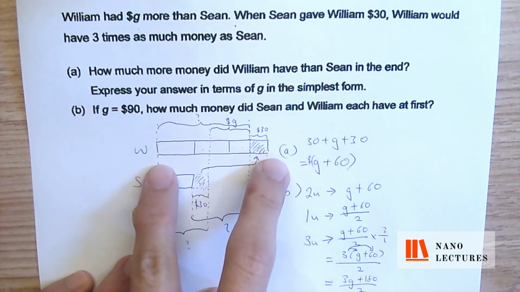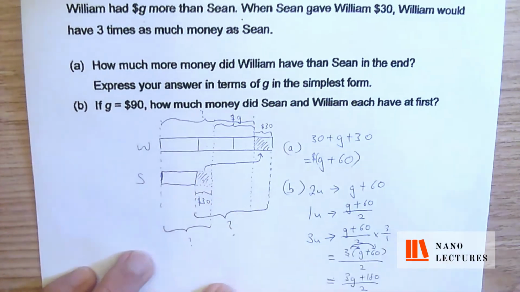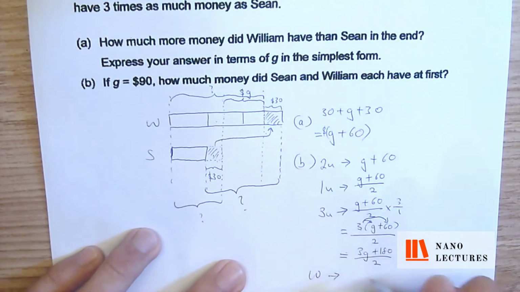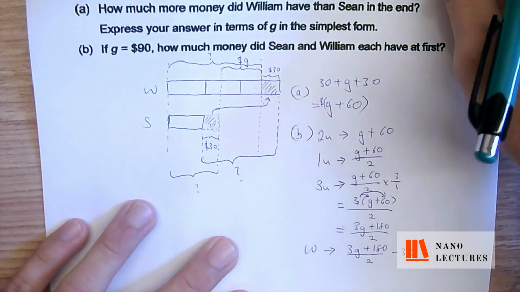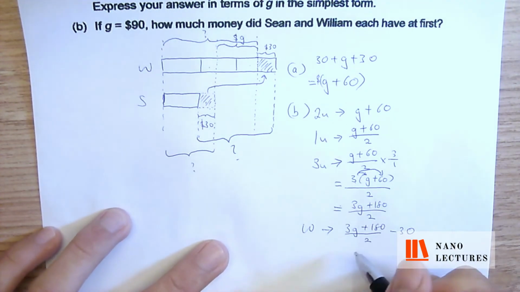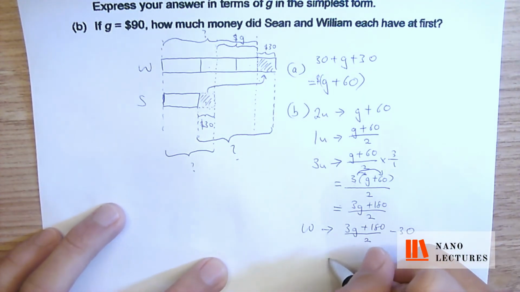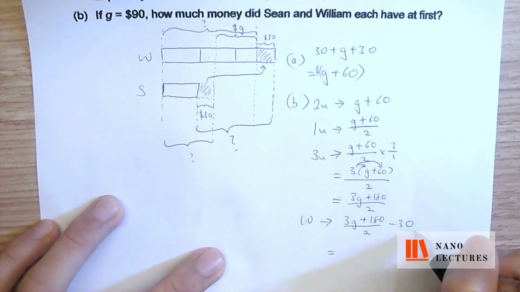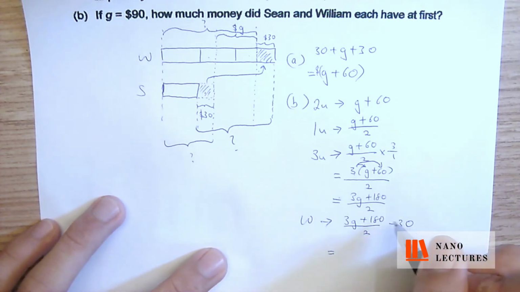So to find William, you have to take the 3 units minus $30. So William will be 3G plus 180 over 2 minus 30. Now at this point of time, we need to simplify this because this is obviously too long. So how are we going to simplify it? Very simple. I'm going to teach you this method. For 30, remember if you want to do subtraction between fractions, first we need to change the whole number to a fraction.